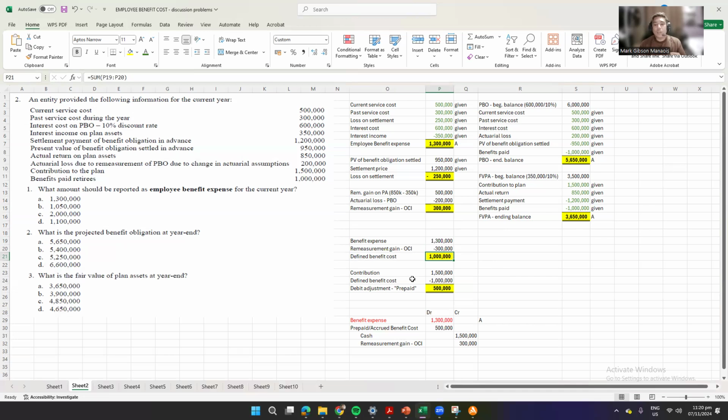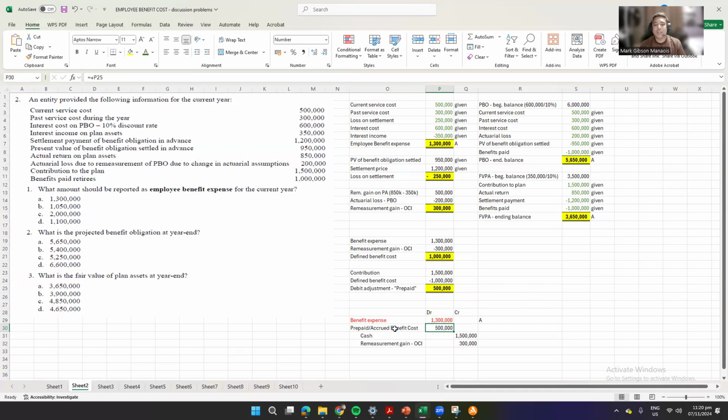Now, the contribution, total contribution is 1,500,000 less the defined benefit cost. So we have 500,000 prepaid, no? So in this case, this is a prepaid benefit adjustment, no? So if we're going to provide the journal entries, so it will be a debit to benefit expense or employee benefit expense and debit prepaid benefit costs.